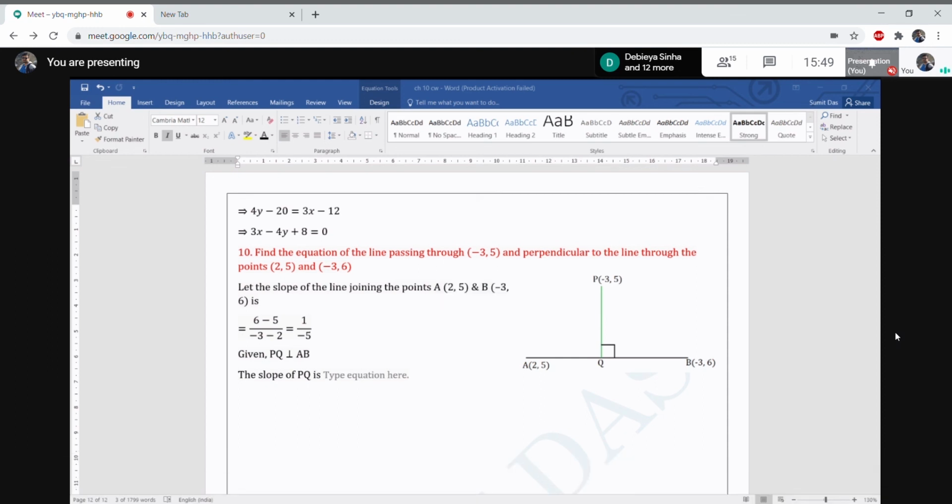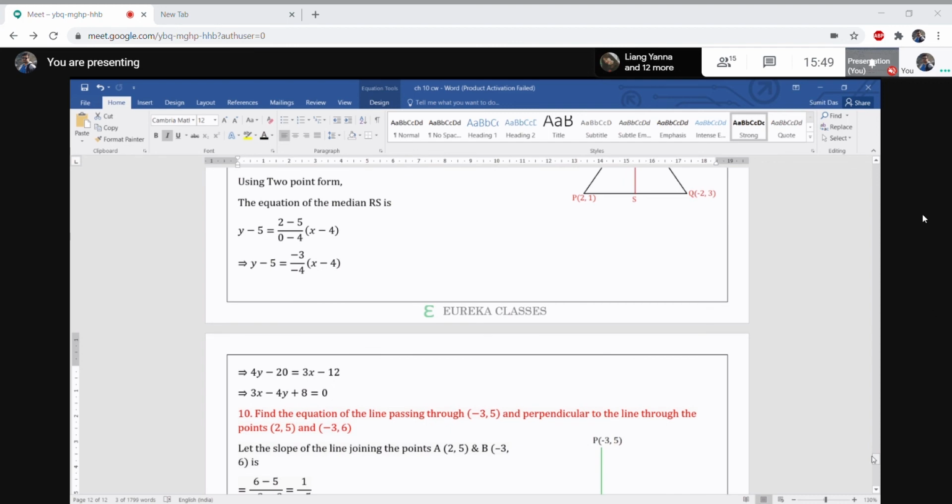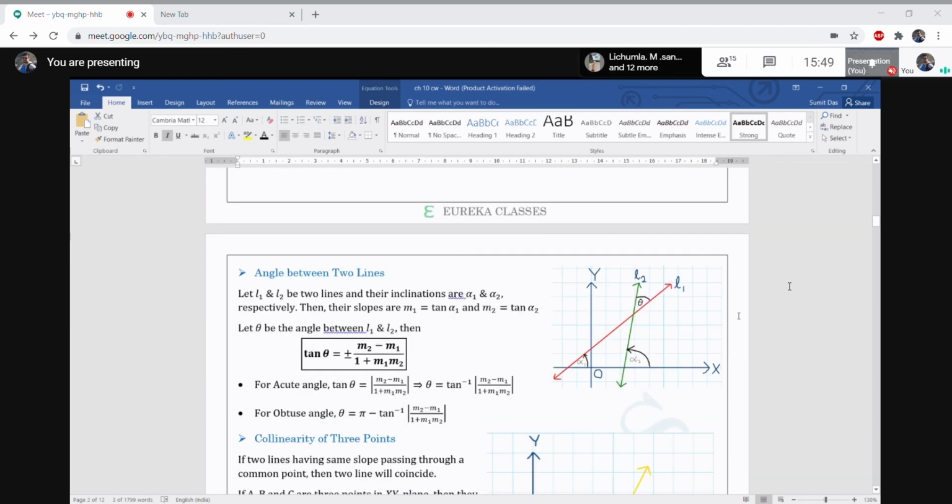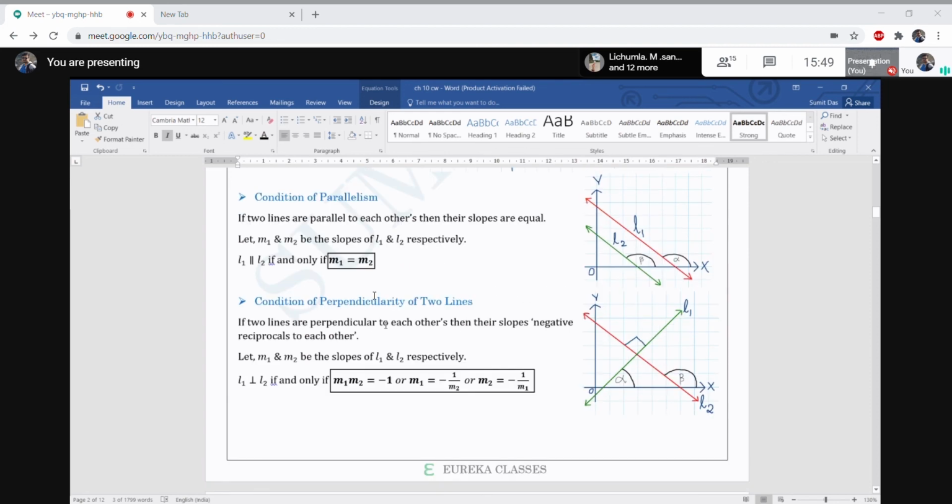This is probably our second or third day, I guess. Anyone? What is the perpendicularity condition? All of you forgot. The condition of perpendicularism was m1 into m2 equal to minus 1. That means the product of them should be minus 1. So m1 equal to minus 1 by m2.